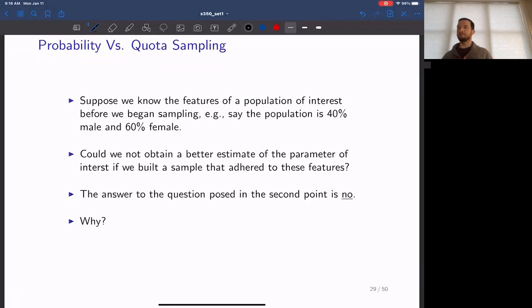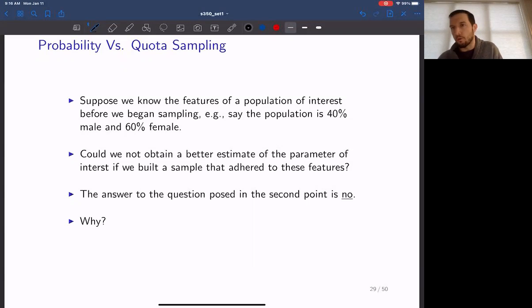So the question is, if we were to use this approach, would this not give us a sample that actually adheres to the features that we are looking for? So would this not provide us with a representative sample? If we took the quota sampling approach, could we trust that the sample that we collect is actually representative of the target population?